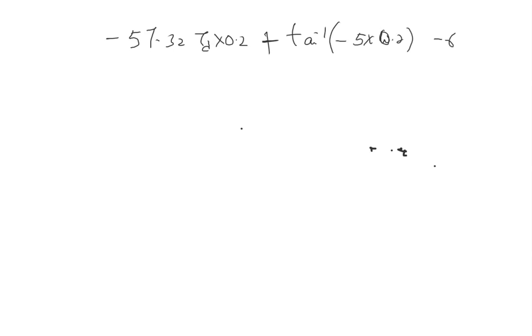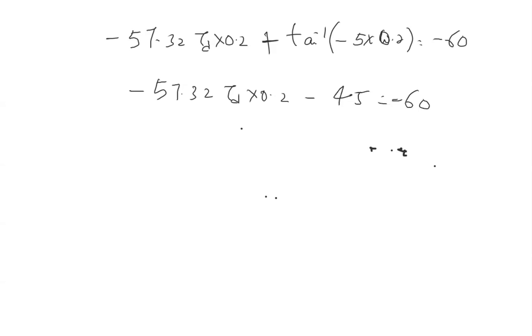Now if you want to solve this in degrees, then what happens is minus 57.32 tau d into 0.2 plus tan inverse of minus 5 into omega, 0.2, is equal to minus 60. So minus 57.32 tau d into 0.2 minus 45 is equal to minus 60.